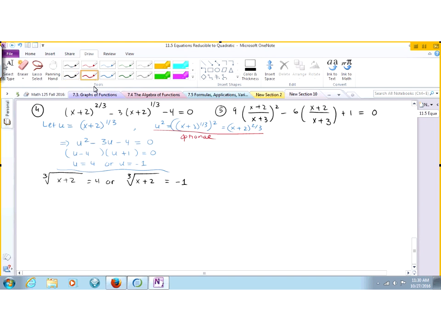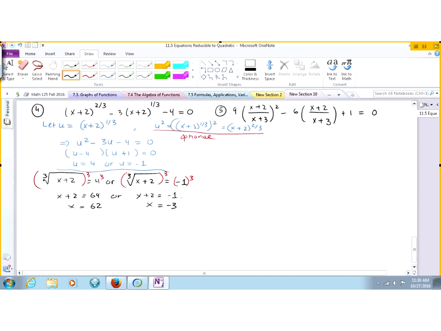Then how do I cancel my cube root? Cube both sides. Yes, raise it to the third power both sides. So x plus 2 is equal to 64, or x plus 2 is equal to negative 1. So x is equal to 62, or x is equal to negative 3.